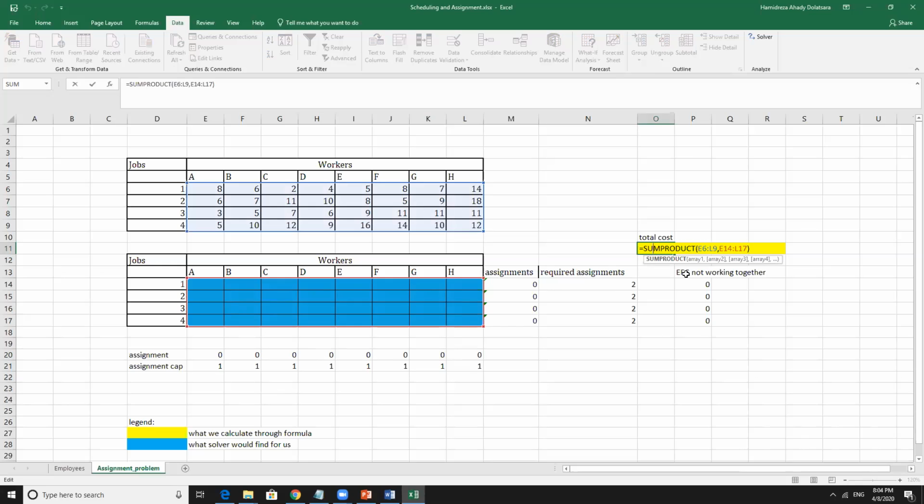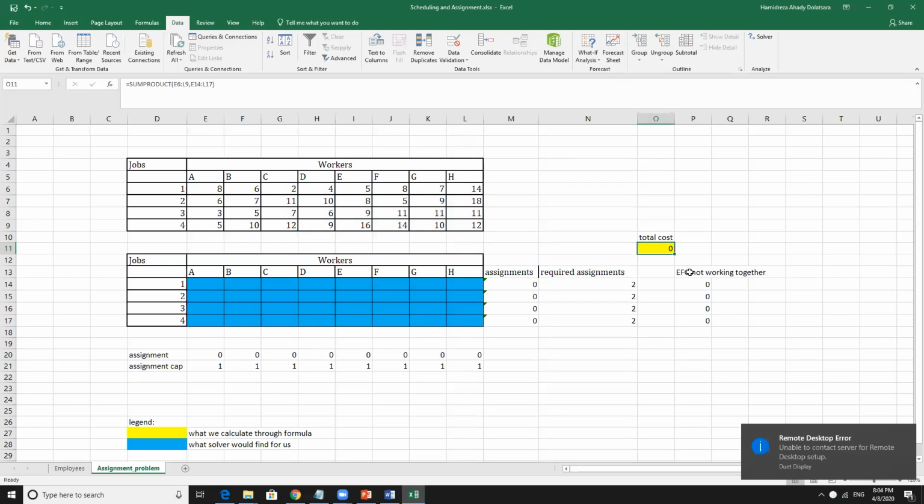This yellow cell is about the calculation of the cost. So we just multiply whatever assignment plan we have by the costs. Now look at the interesting column, EFG not working together.